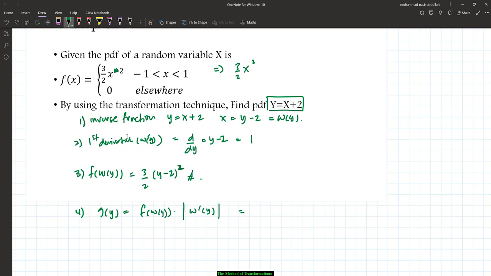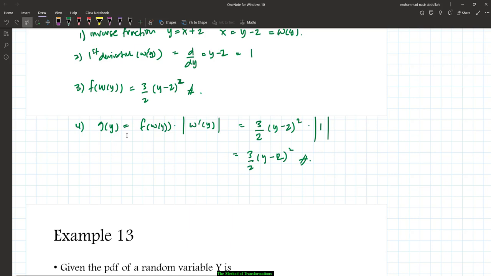So now we just plug in the value y minus 2 squared multiplied with the absolute of 1. So this one still remains the same, 3 over 2 y minus 2 squared.